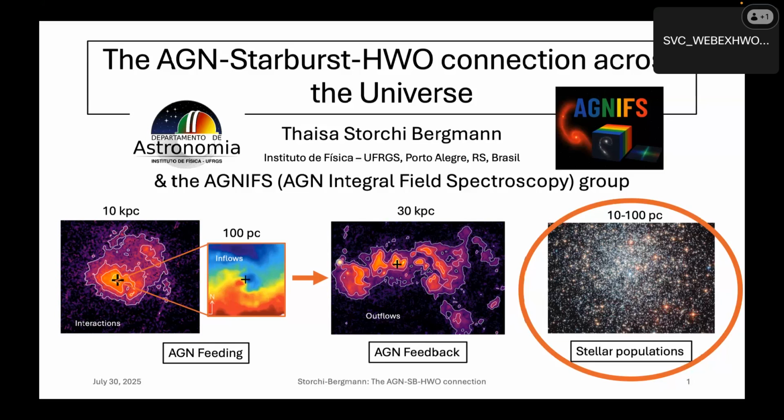We have been doing IFU studies for 2 decades, more or less, and we have studied AGN feeding via inflows, AGN feedback via outflows, and in this talk I will concentrate on our results on stellar populations.